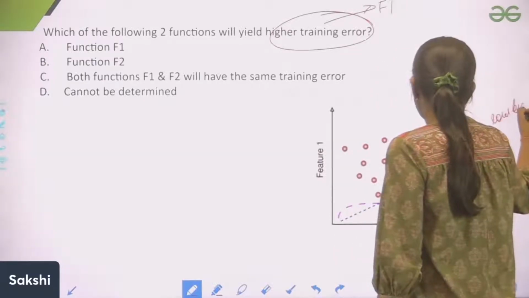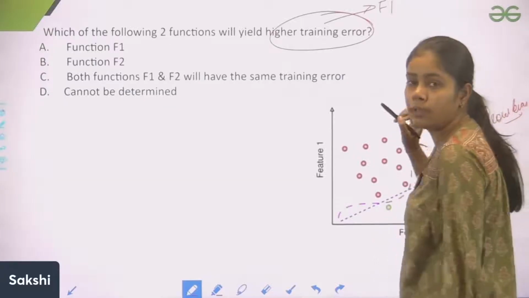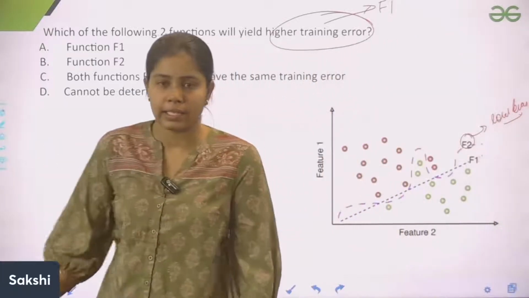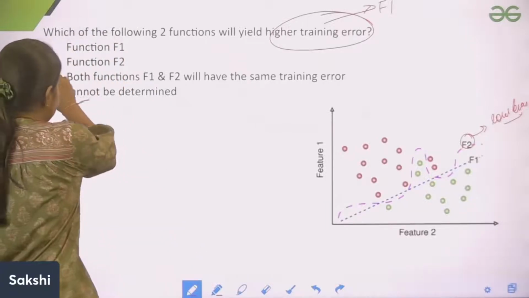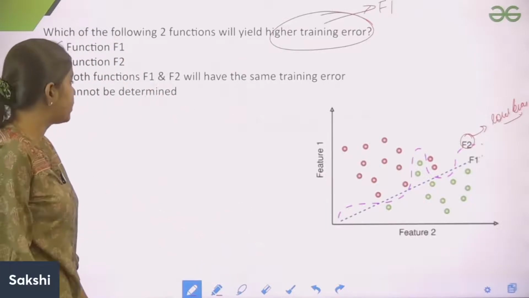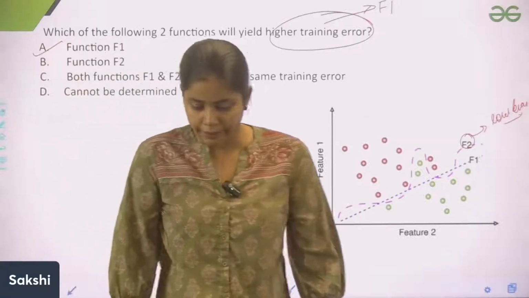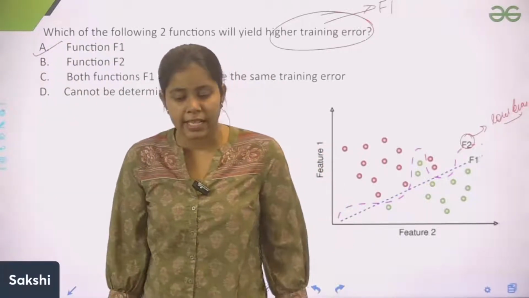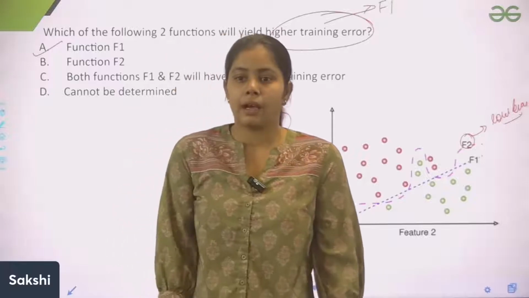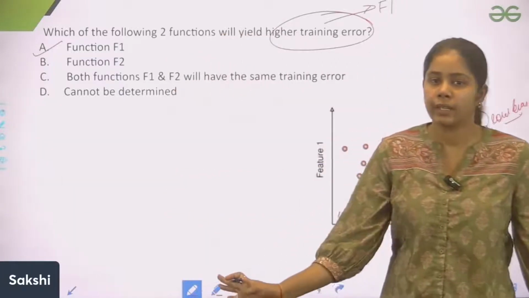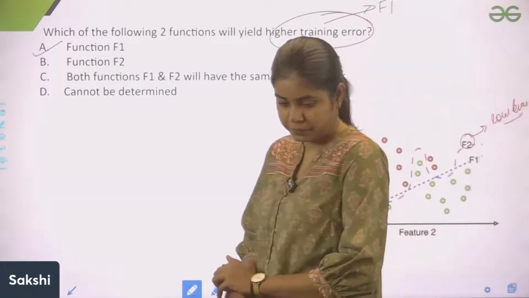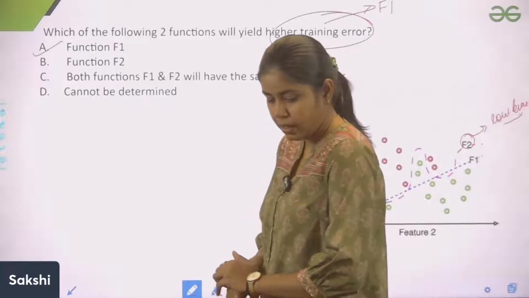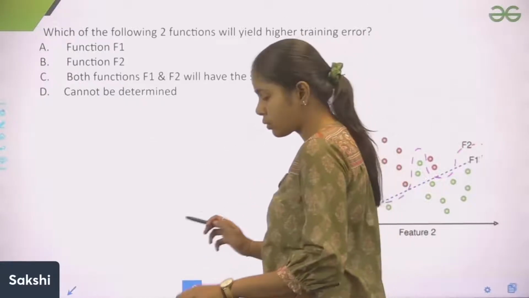Low bias means we are getting low error on training data in F2, right? So F1 has a high bias in this case as compared to F2, right? So function F1 is true here. Right, Azam. F1 has higher training error. Just let me know, guys, if anybody has confusion or any doubt in this question. If not, let's move forward to the next question.